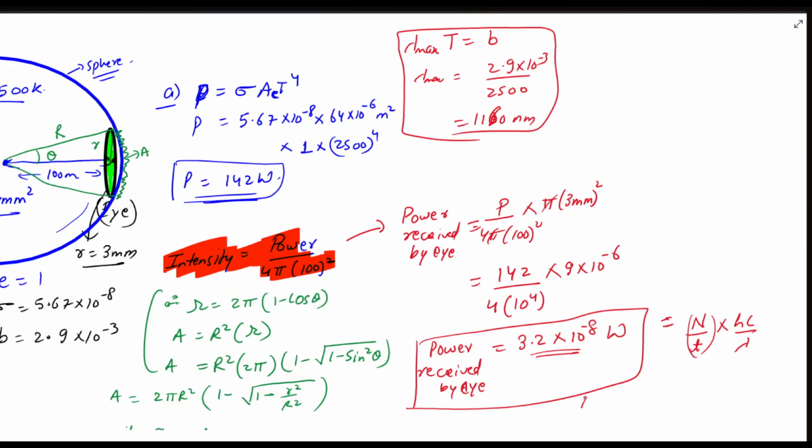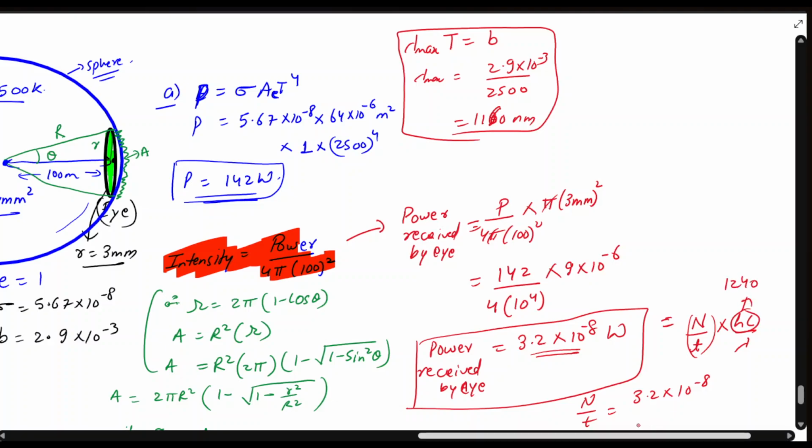So this n by t will be equal to 3.2 into 10 raised to power minus 8, and for hc we can write it as 1240. So it is divided by 1240 and multiplied by lambda. So lambda will be 1740 we have to take, right?